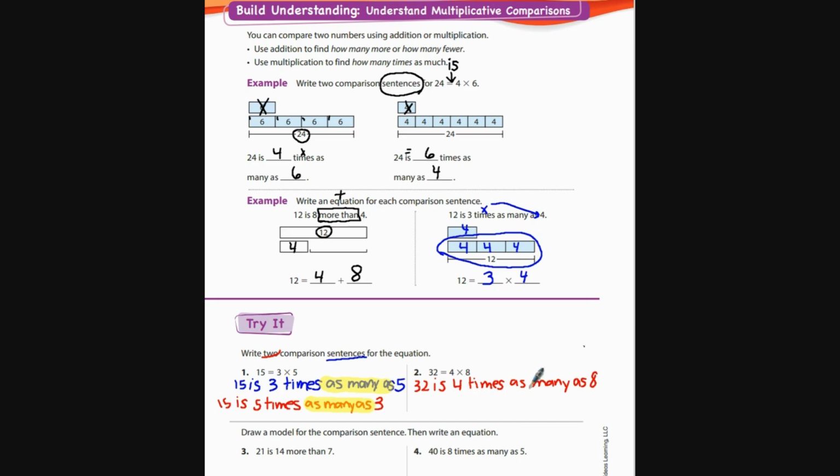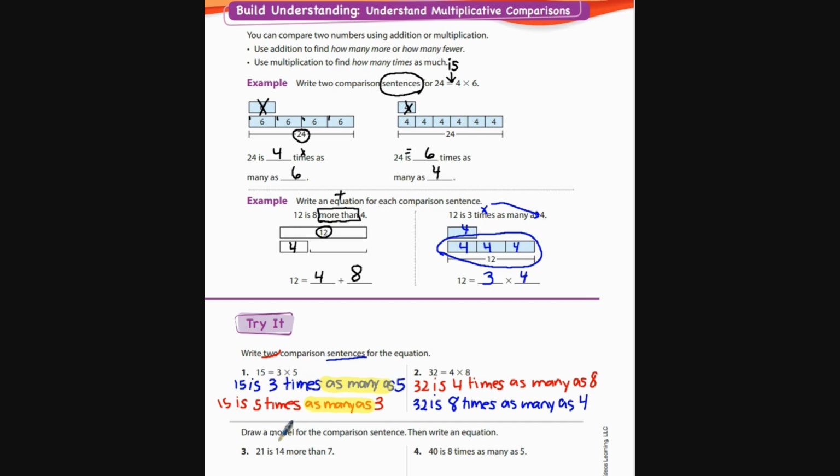Second way is the same thing. 32 is, now we're switching the numbers. So now instead of 4, it's the other way. 8 times as many as 4. That is it.